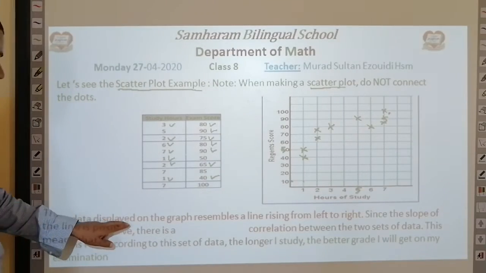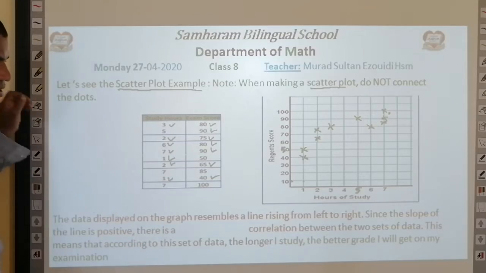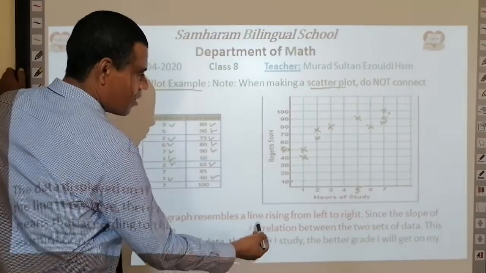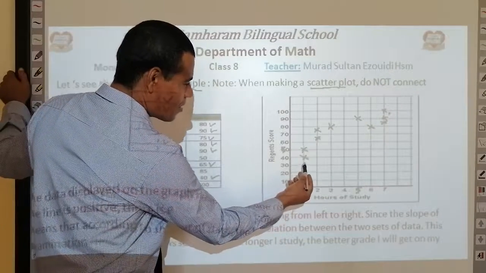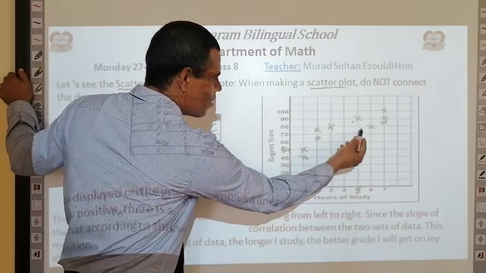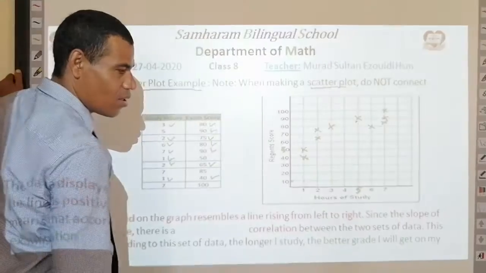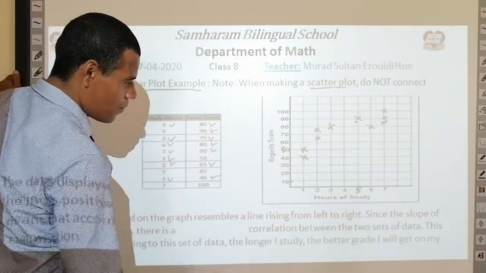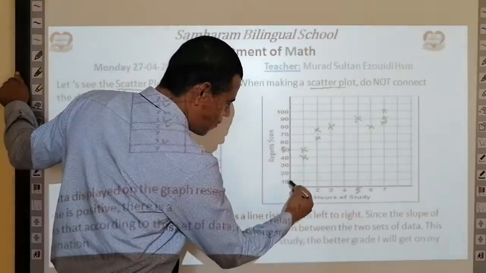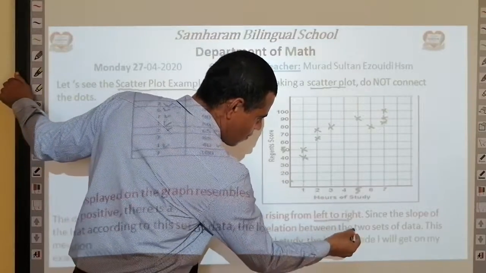The data displayed on the graph resembles a line rising, not sloping down, from left to right.